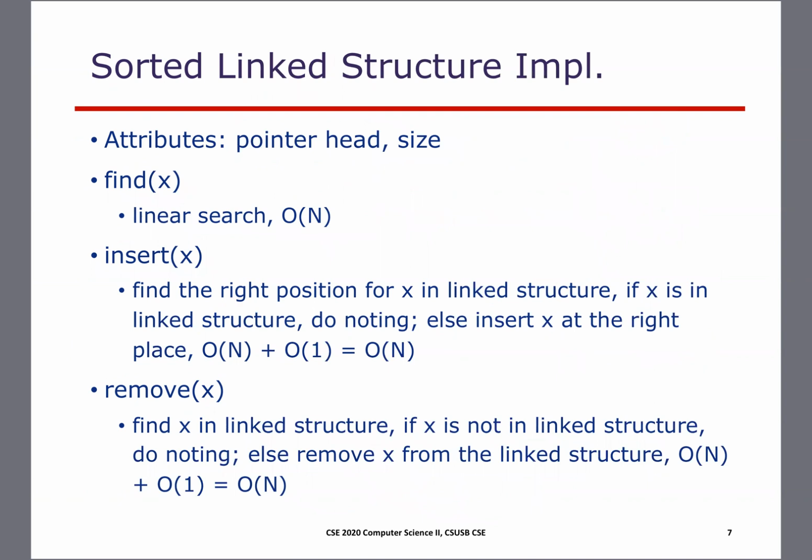Now we can also use a sorted linked structure to implement the set abstract data type. Here we have a pointer, head, pointing to the front node, and size is a private attribute to store the number of elements in the set.